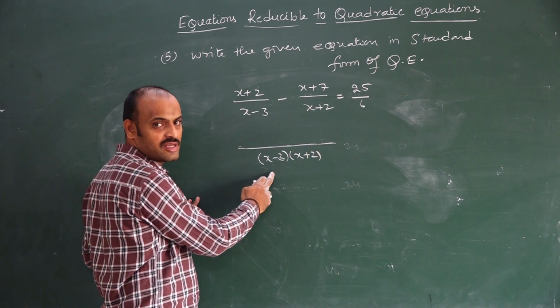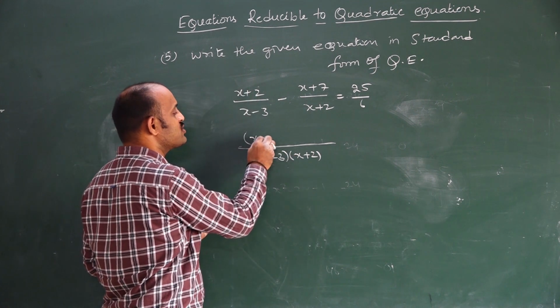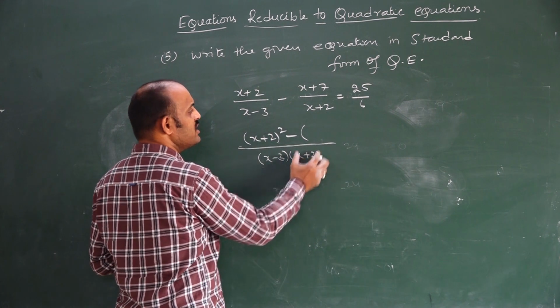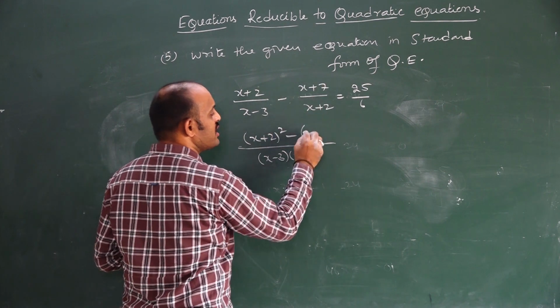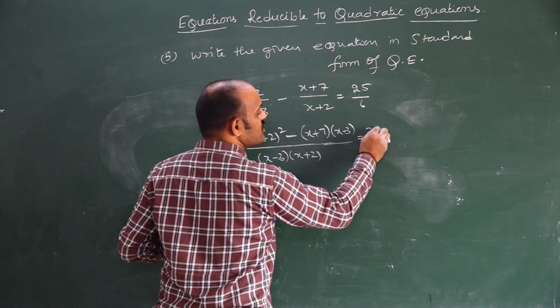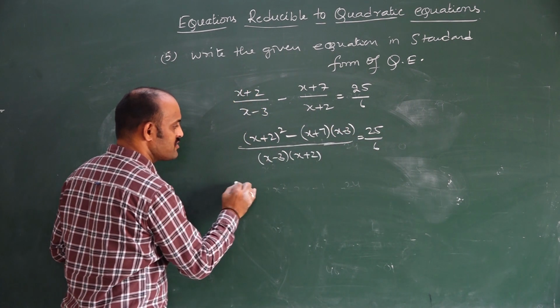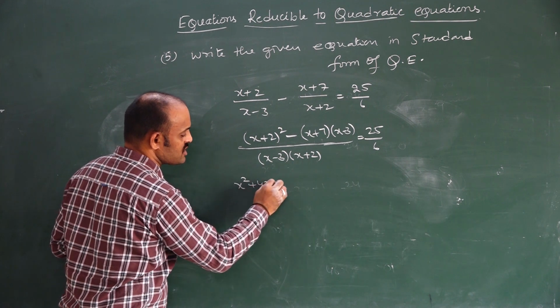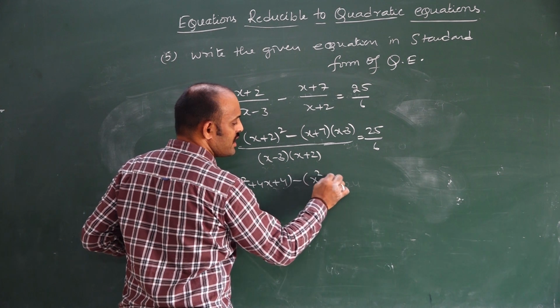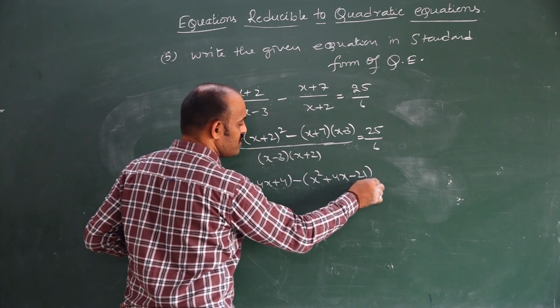Already x minus 3 is there, with x plus 2 you multiply it, x plus 2 into x plus 2 whole square minus. Already x plus 2 is there, so with x minus 3 I need to multiply x plus 7 into x minus 3 is equal to 25 by 6. It gives you x square plus 4x plus 4 minus, if I multiply these two, x square plus 4x minus 21.